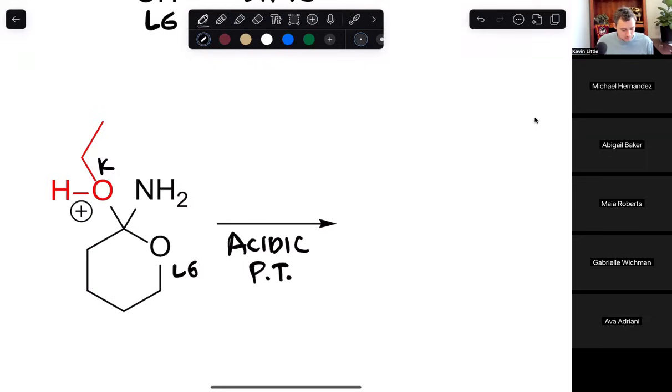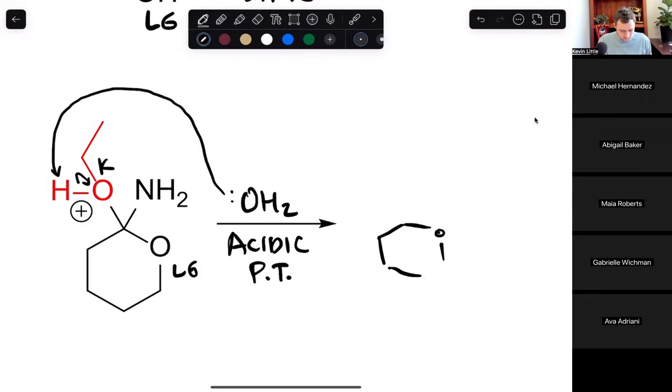So I need to do a proton transfer. So I'm going to assume there's water here. And my goal is that right now my kicking group is positively charged. I'd like to make my leaving group positively charged. So I'm going to take the proton from my kicking group because we have extra protons because we're in an acidic environment.